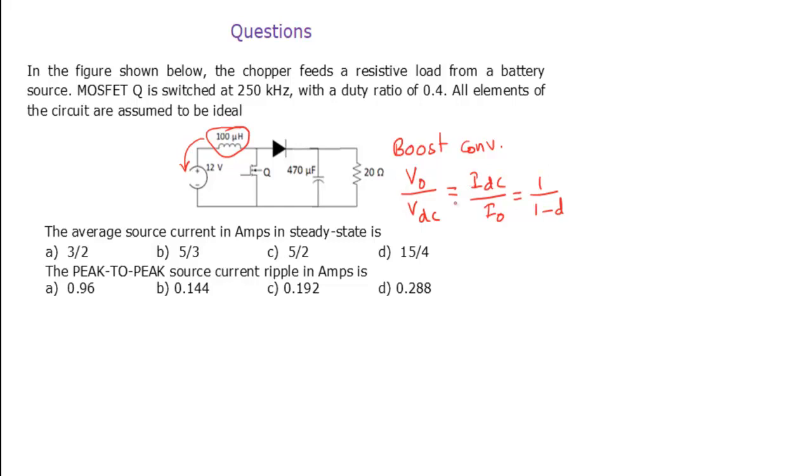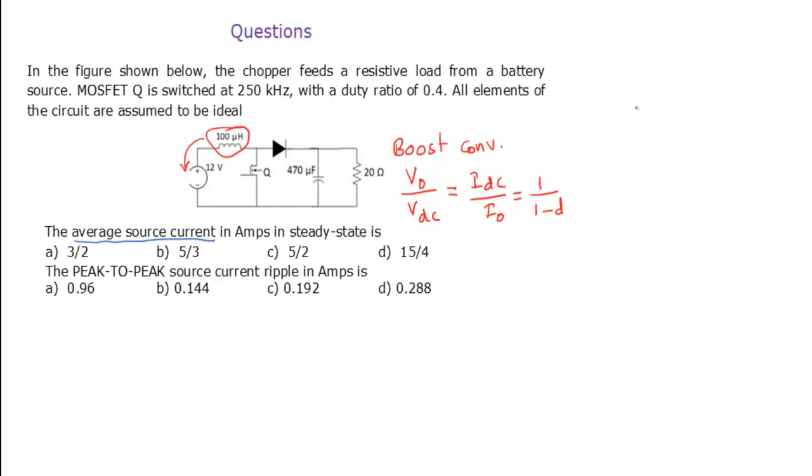If you cross multiply, source power IDC VDC equals load consumed power V0 I0. So now, what we need to calculate is the average source current. If you want to calculate the average source current, use this one.